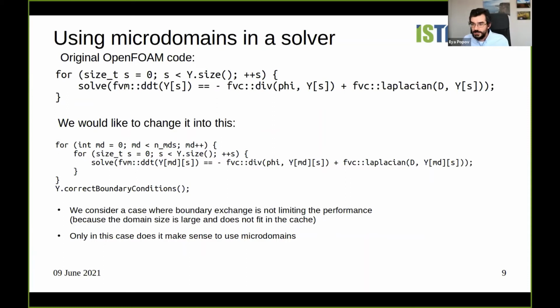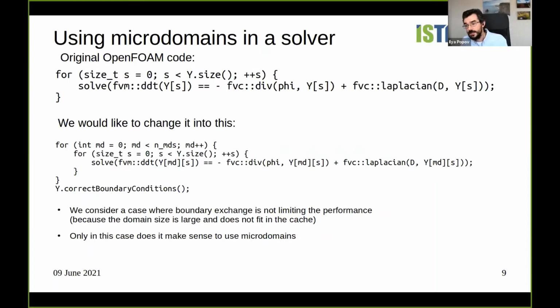Boundary conditions are a separate thing, and division into microdomains only makes sense when boundary conditions and MPI exchange take a small fraction of time.